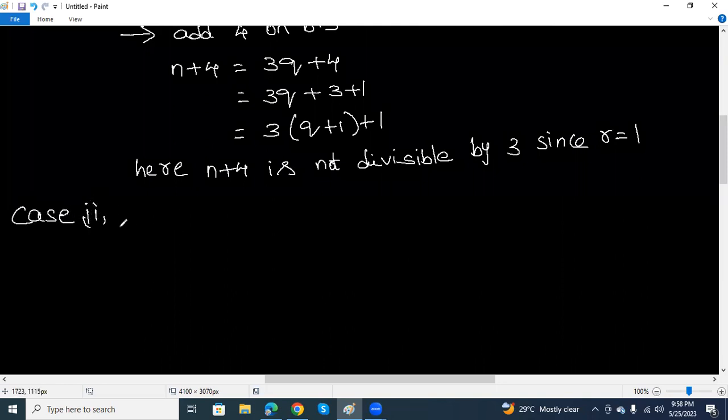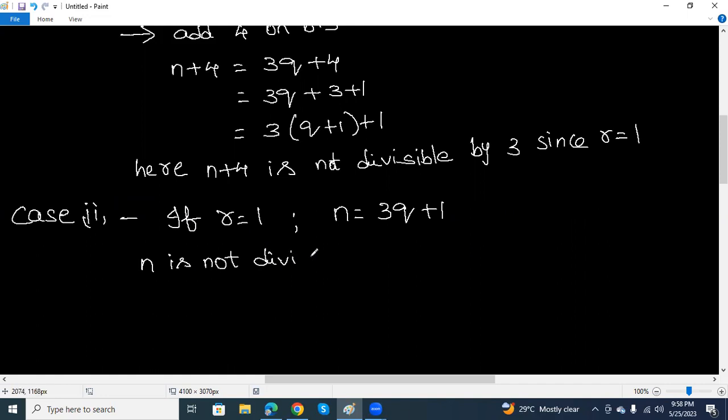In case 1 we substituted the r value as 0. Now case 2. If r is equal to 1, then n is equal to 3q plus 1. Here in the place of r we have 1, so n is not divisible by 3 since the r value is 1.